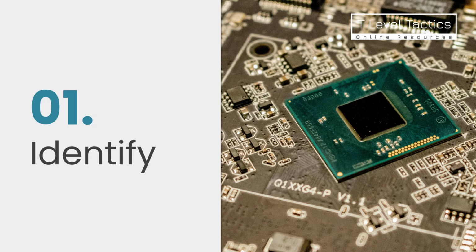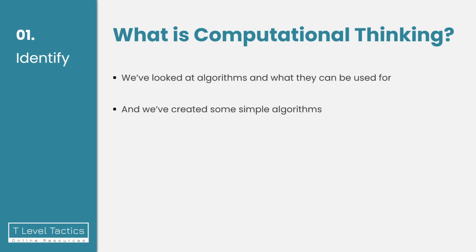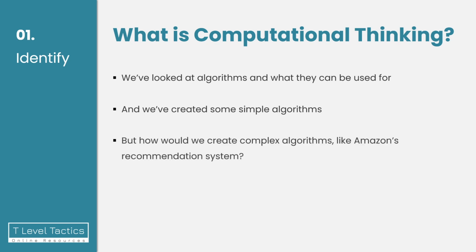So what is computational thinking? We've already looked at algorithms and what they can be used for, and we've created some simple algorithms as well. But how could we create complex algorithms like Amazon's recommendation system that we looked at? Well, this is where computational thinking can help us.